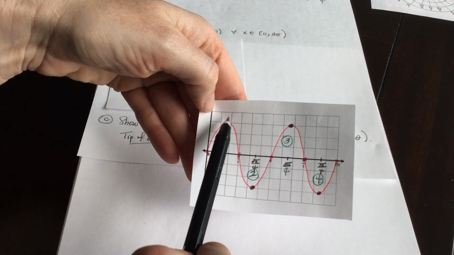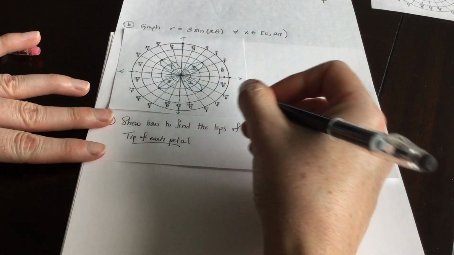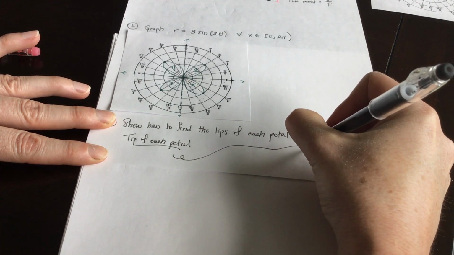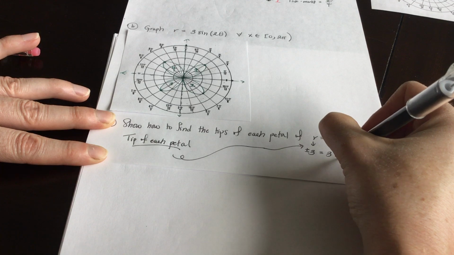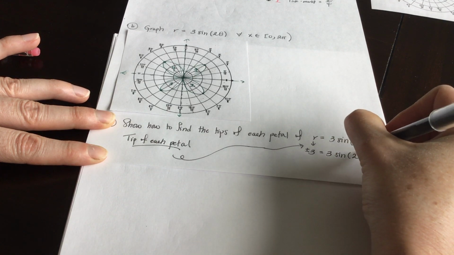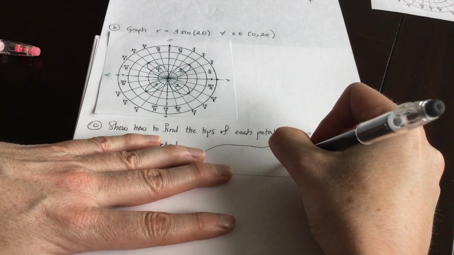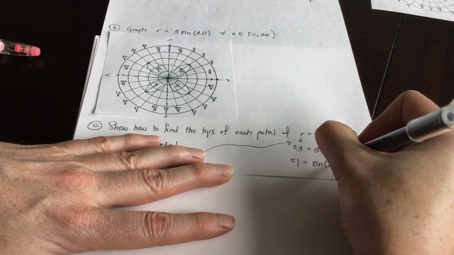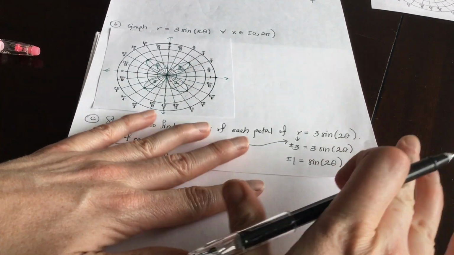How come? Because you get different petals from +3 and -3. So your algebraic setup would be substituting plus or minus 3 in for r, like so. And then divide both sides by 3. And then I would consider this unit circle ready.